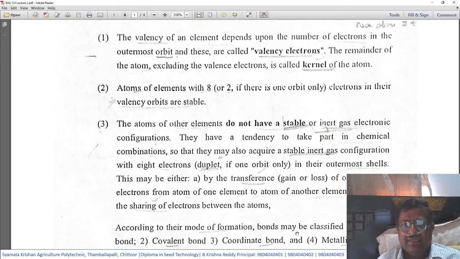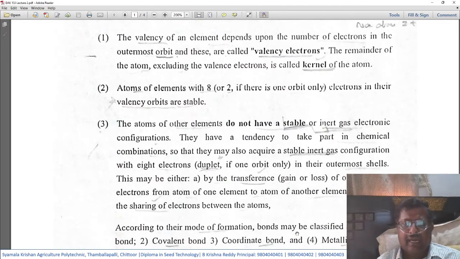It is either by transference, that is, transfer of electrons. It can be a gain or a loss, that is, the electrons may get transferred from the atom of one element to the atom of another element.